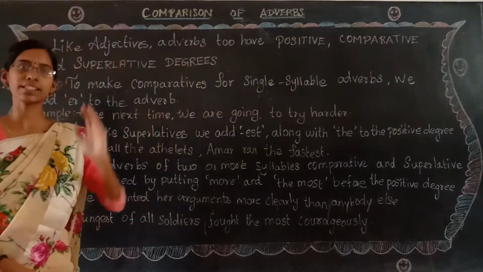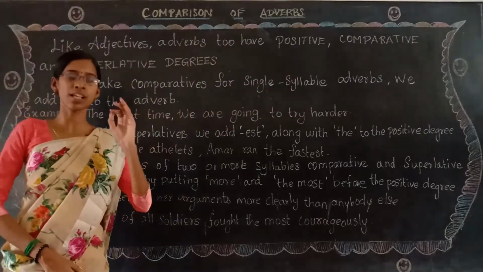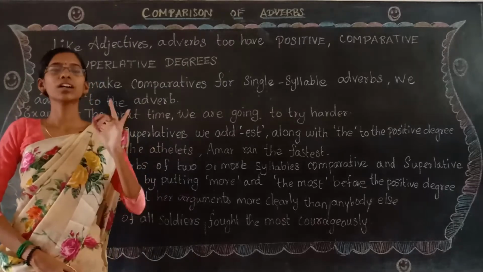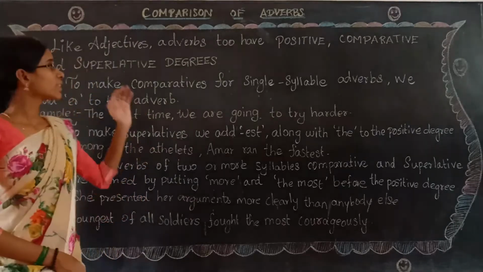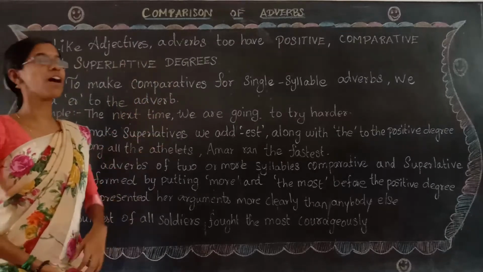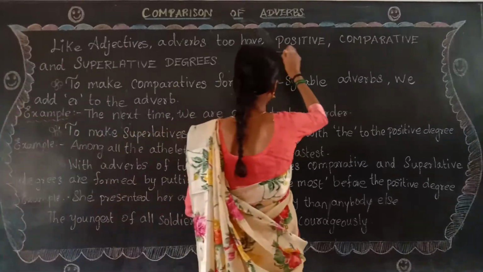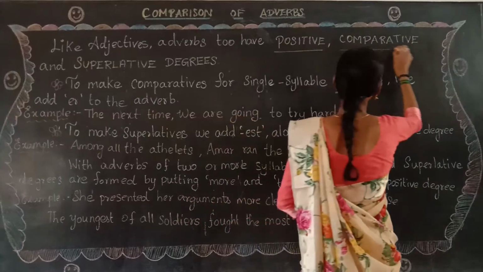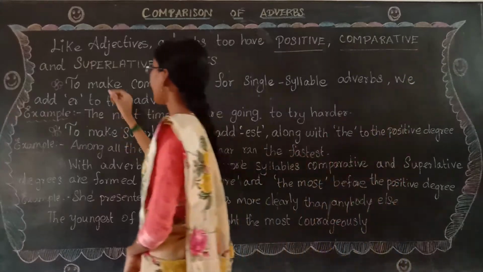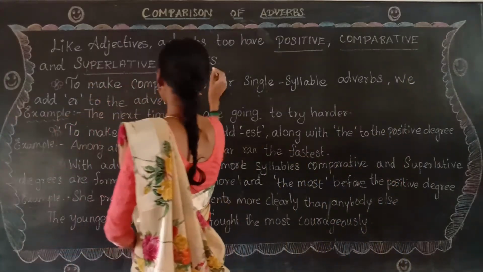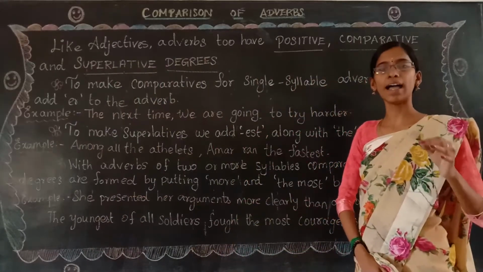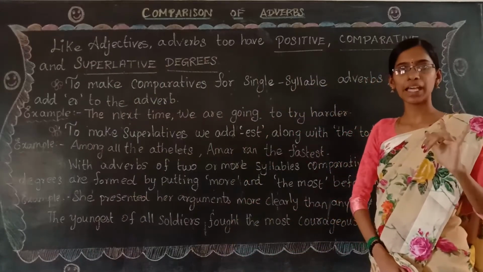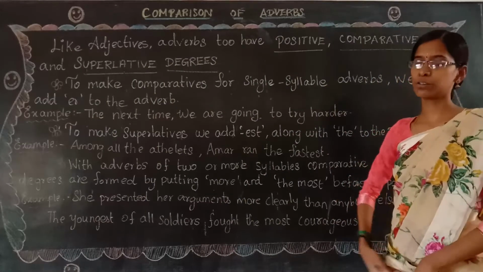In our previous session we have learnt adjectives have positive, comparative and superlative degrees. Okay? In the same way, adverbs too have the 3 degrees. What are they? Positive, comparative and superlative degrees. Clear? So even adverbs have positive, comparative and superlative degrees.